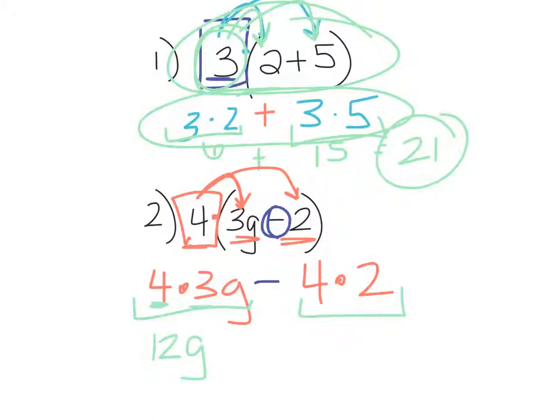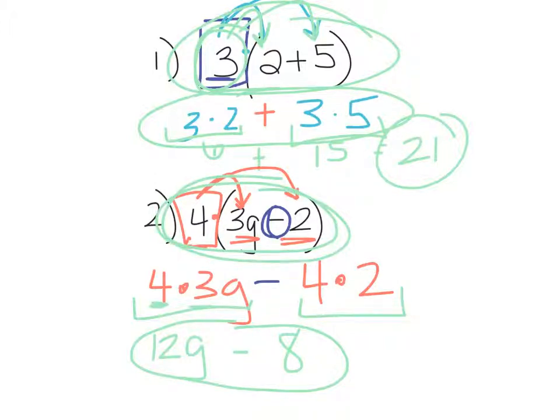We can evaluate 4 times 2 because they are both whole numbers, and 4 times 2 is 8. Finally, we connect those two parts with our subtraction sign, and we get a simplified algebraic expression of 12G minus 8. So 4 times 3G minus 2 is equivalent to 12G minus 8.